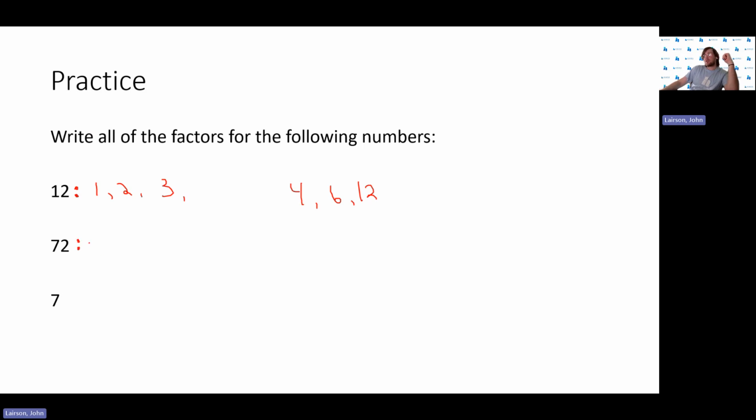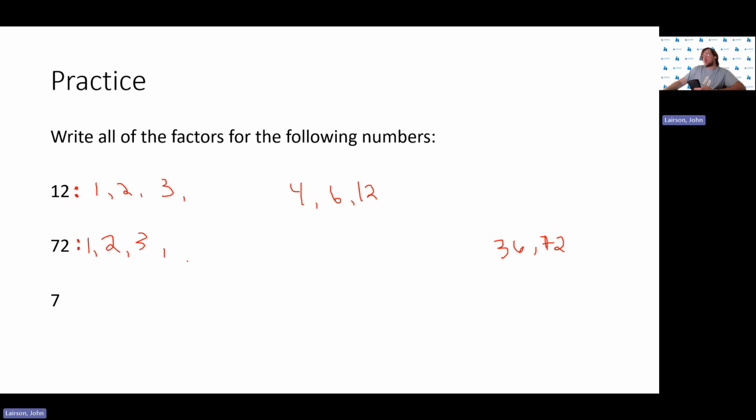72. I'm going to start with 1 and 72. There might be a lot, so I'm going to go way down here. 2: 72 divided by 2 is 36. I'm going to need my calculator for these ones. So 2 and 36. 3: 72 divided by 3 is 24.